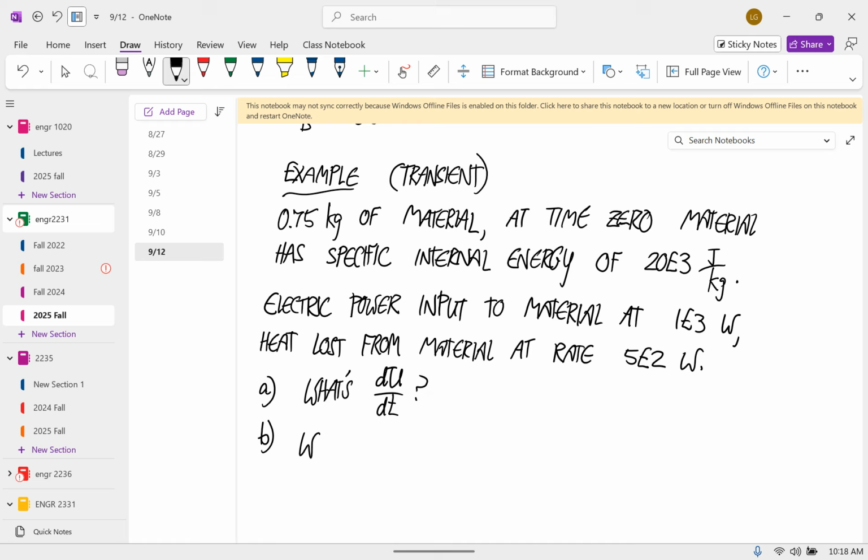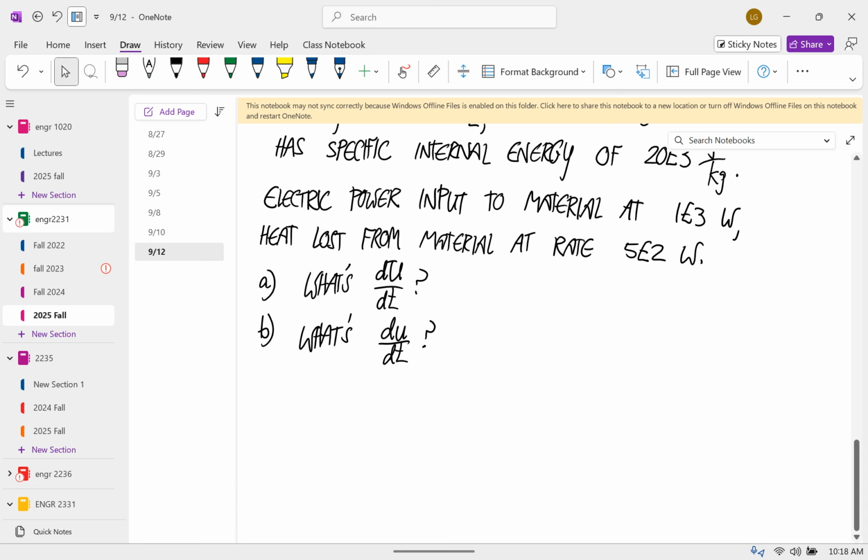Second, what's d little u dt, the rate of change of the specific internal energy? And third, what's the specific internal energy as a function of time?